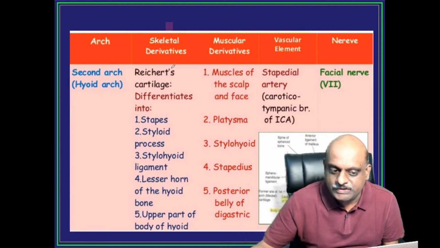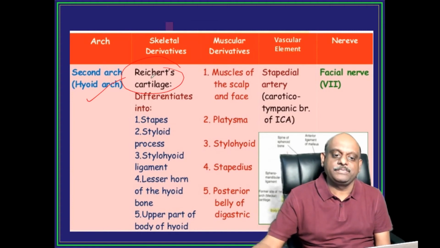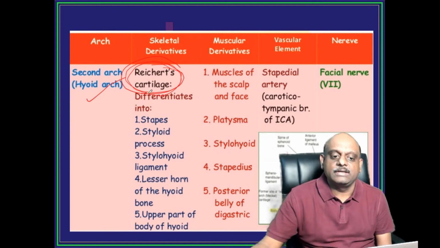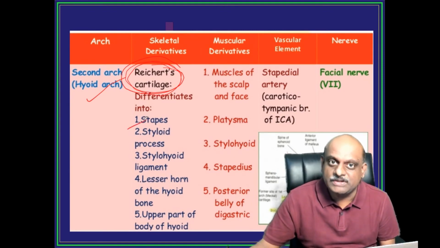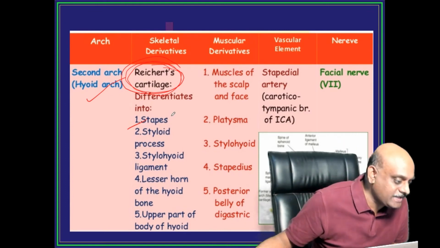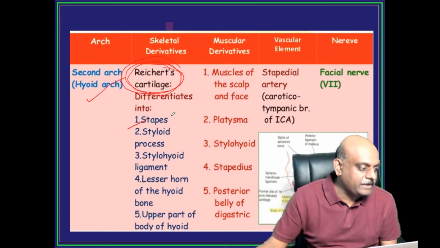Now, second arch को कहते हैं hyoid arch. So there is Reichert's cartilage from which stapes. Malleus and incus are from first arch, right? Now comes the stapes. Stapes, very good. Good to see Padmanabha.